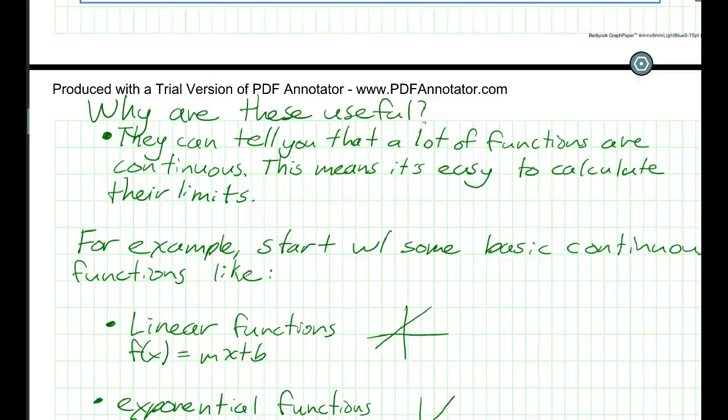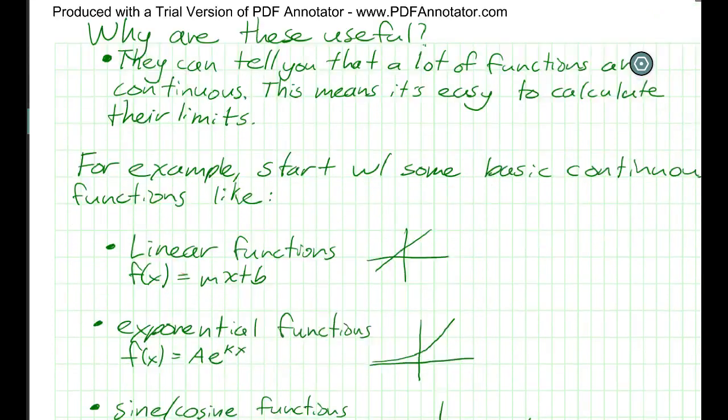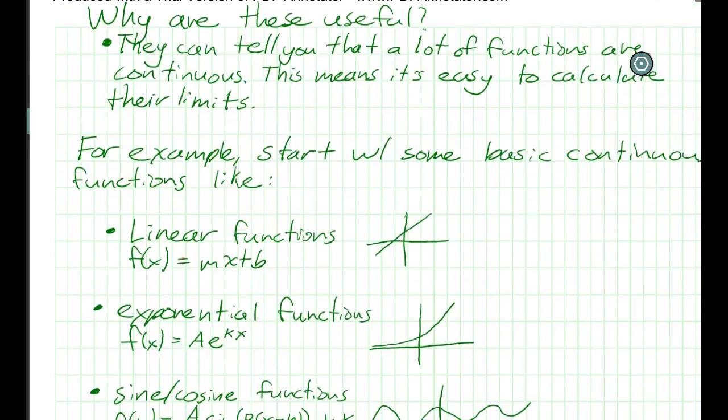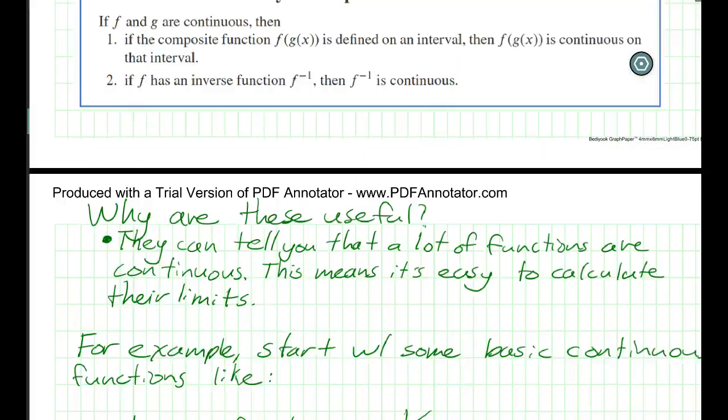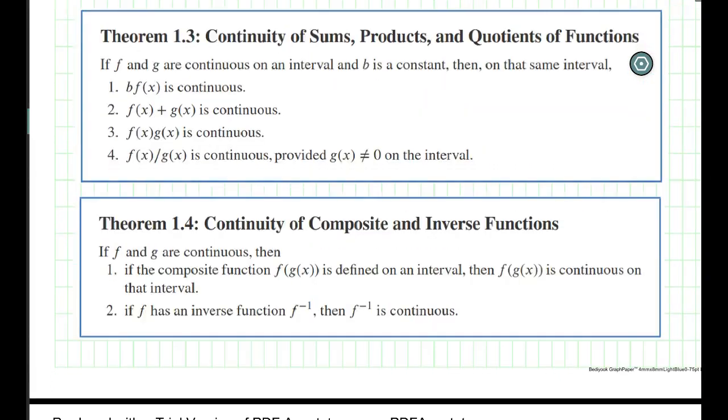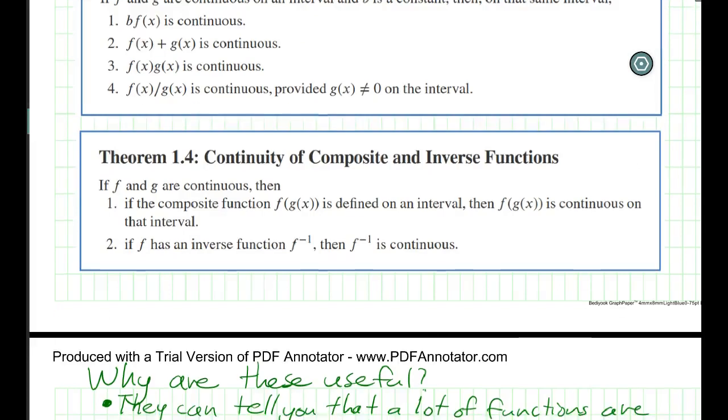So why are these facts useful? Well, they can tell you that a lot of functions are continuous. So for example, if you know that a certain function is continuous and another function is continuous, then you can get more complicated functions by composing them or adding them and multiplying them, and that's always going to be continuous.